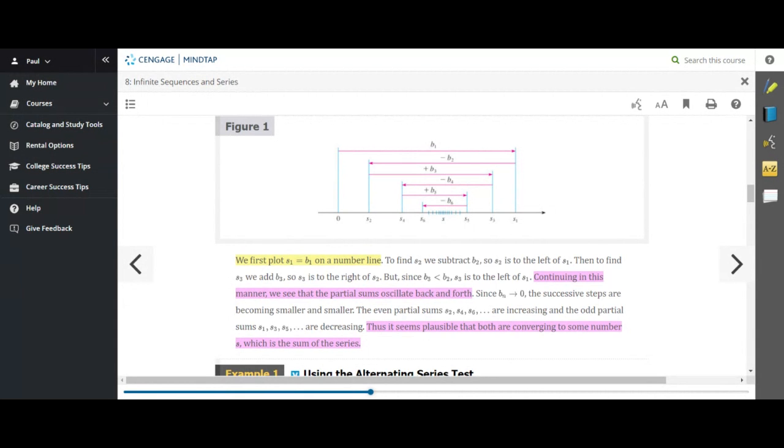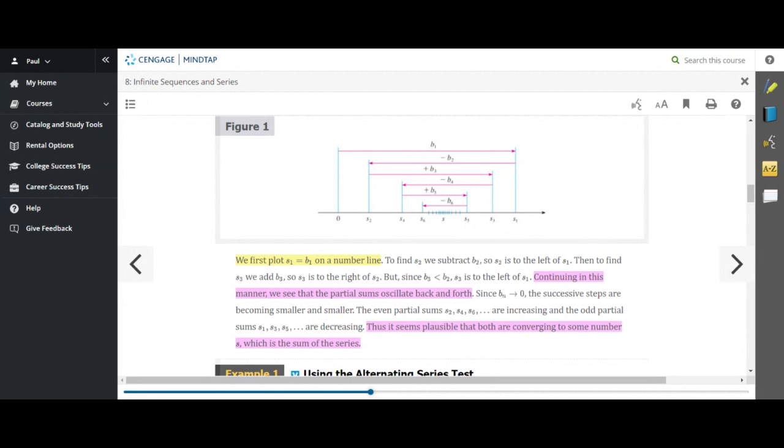So the first partial sum is just the first term, b sub 1. The second partial sum is b sub 1 minus b sub 2. That gets you over to the second partial sum over there on the left. And then if you add b sub 3, which is smaller than b sub 2, that gets you the partial sum s sub 3 on the right.